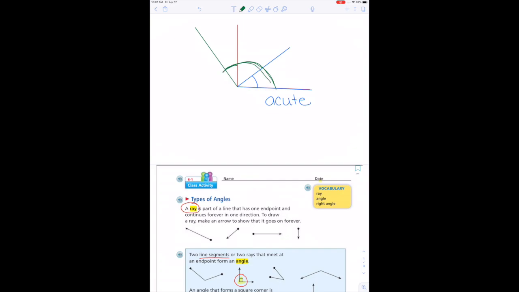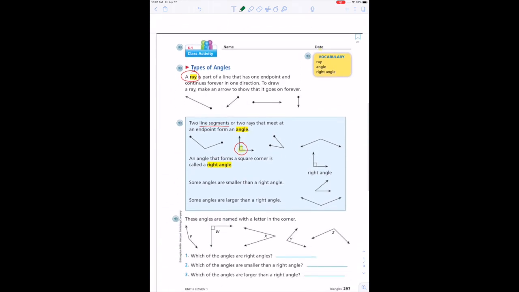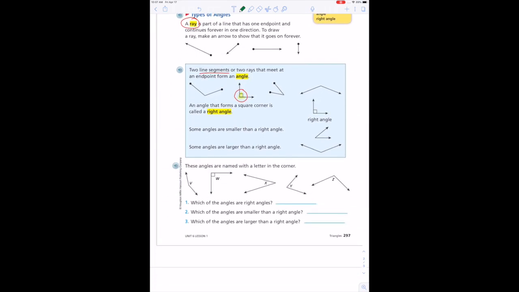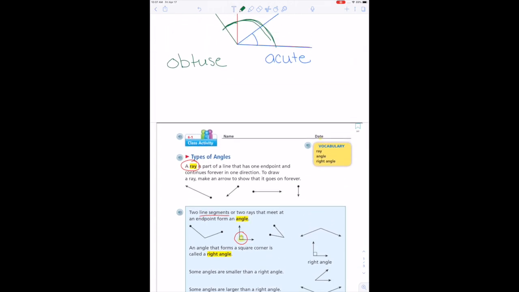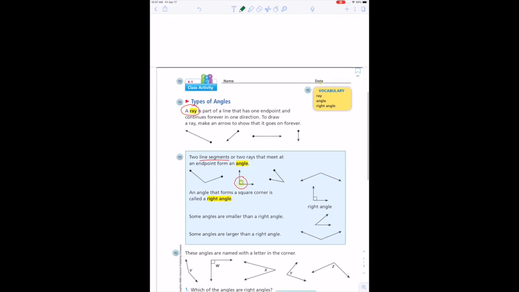If it's big and it's past a right angle, then we have what we call an obtuse angle. When we're done with this activity, there's one more video I'm going to have you watch. It's just a silly song where we talk about right, obtuse, and acute angles.